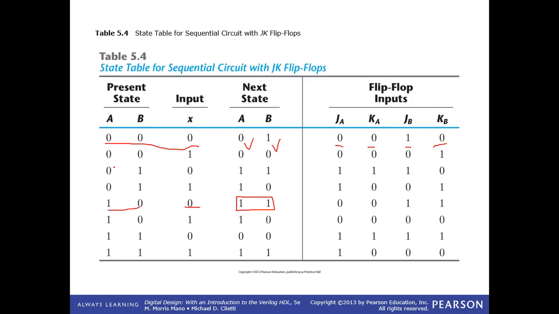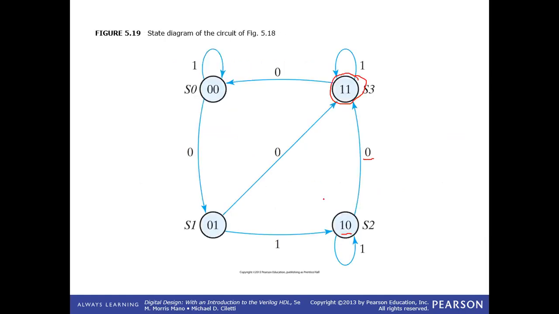In this state, we have A1, B0, right? We apply input 0 and we got A1 and B1. So we started from here where A was 1 and B was 0. We applied the X input 0 and we got A1, B1. Anyone else who has any confusion over this?